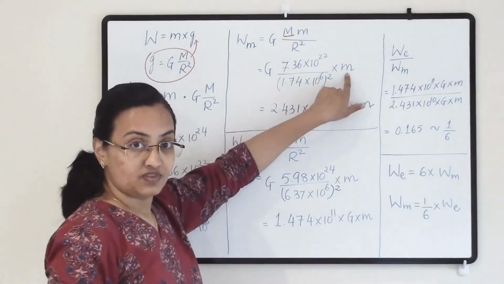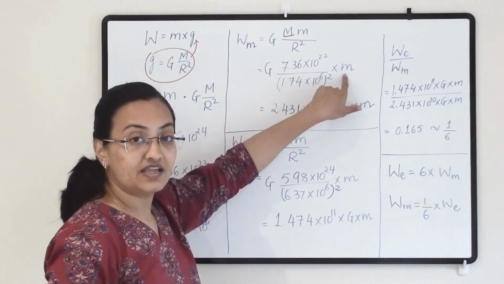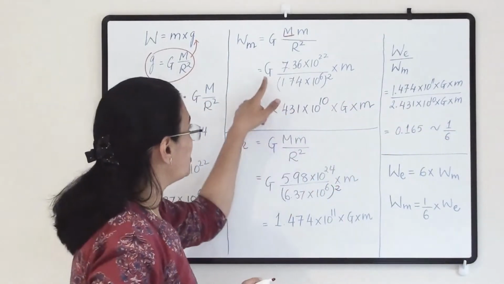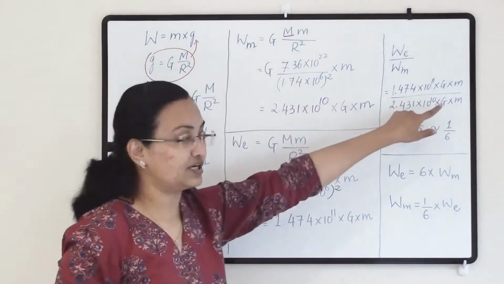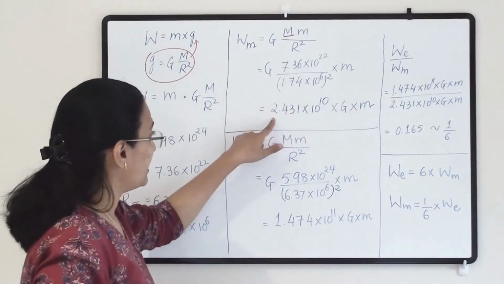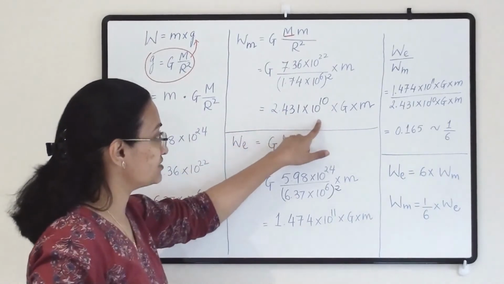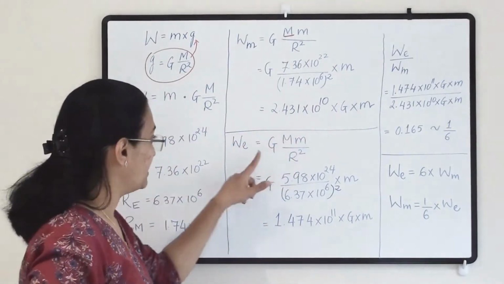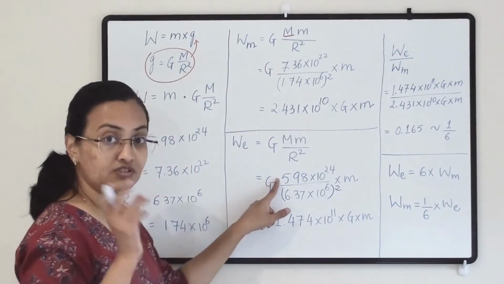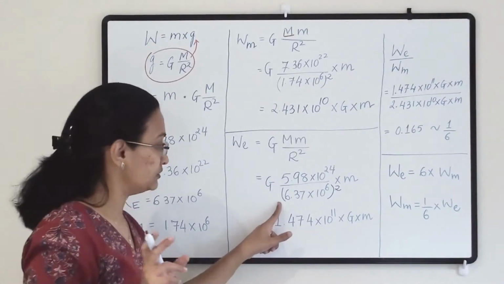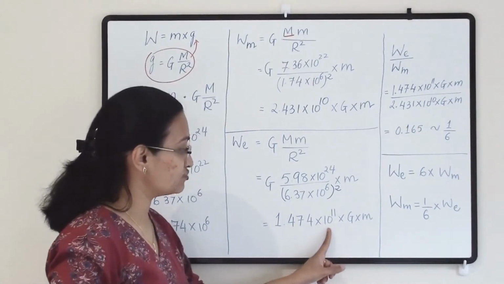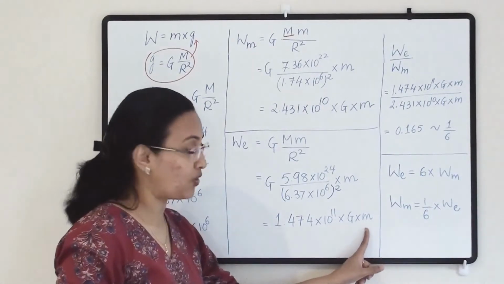Small m and g we are keeping as they are, because later they will be eliminated. So we get 2.431 times 10 raised to 10, capital G into small m. In the same way we calculate the weight on the earth, putting in the mass of the earth and the radius of the earth squared. We get the answer 1.474 times 10 raised to 11, capital G into small m.